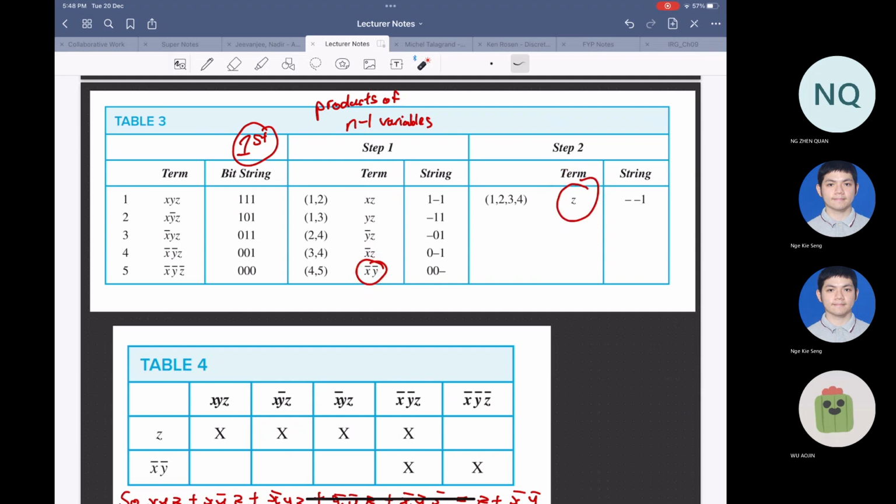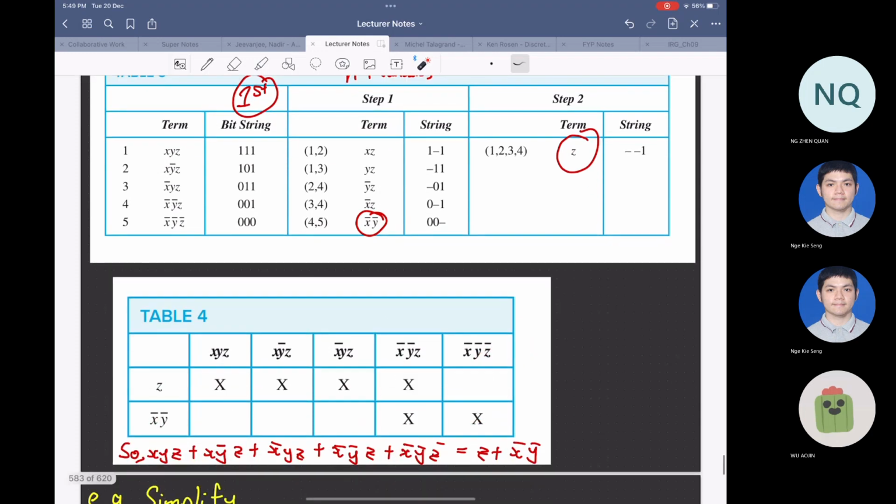You need to take these 2 and compare them with the original min terms here. If you see that this literal appears in the min term, you should take a note, put a cross. You can see that X bar Y bar appears in the min term here, so you put a cross here.